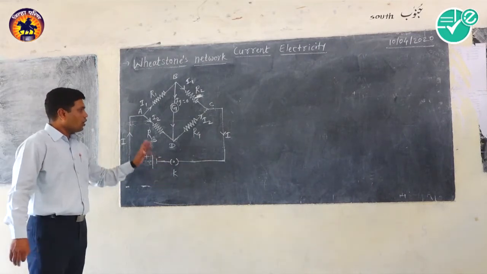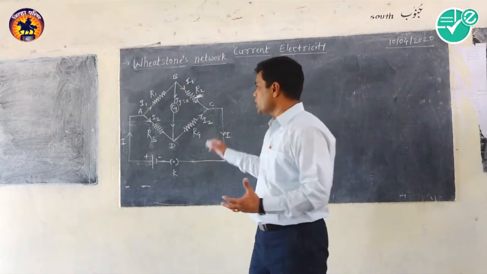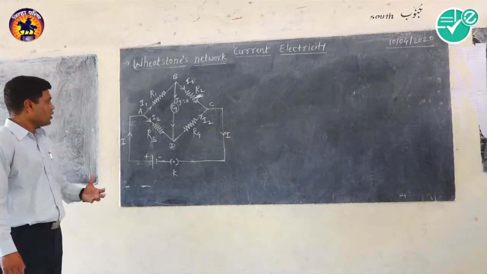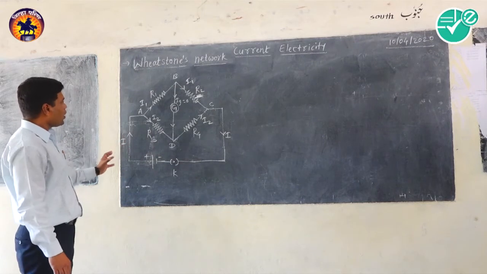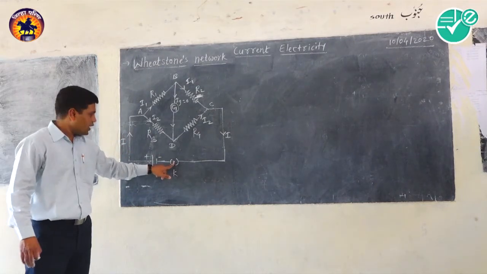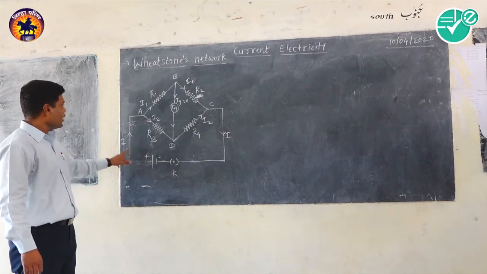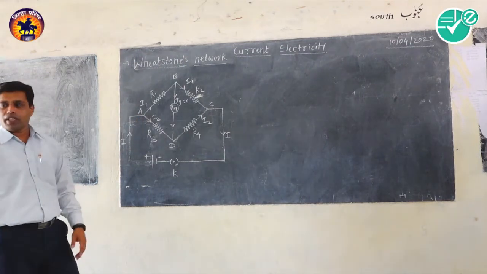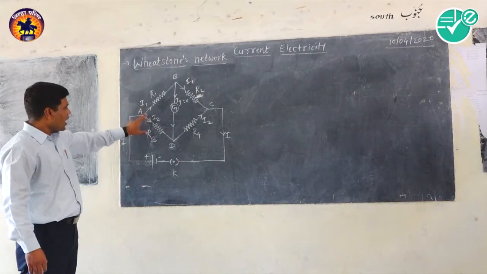Now, to study the working of this Wheatstone's network, we will take into account how the current divides. Suppose as soon as you close this key K, the current will start flowing from the battery and will come to the point A. At point A, the current will divide into 2 parts, I1 and I2.